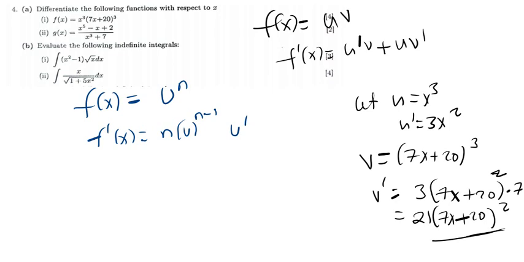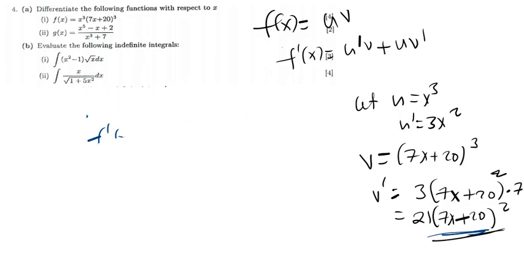So the n in this case is 3. The n minus 1 is basically 2, because 3 minus 1 is 2. What is u prime? U prime is basically 7. So if you just plug in the values, you end up having this. That's chain rule.